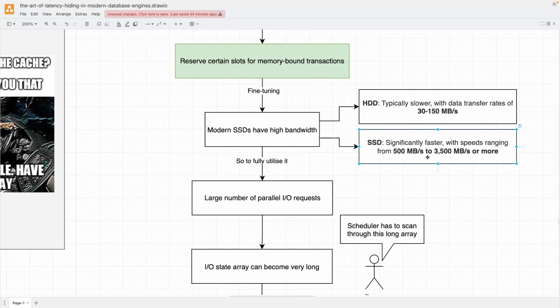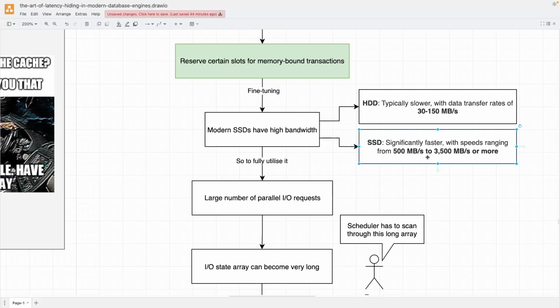But SSDs have 500, that's the minimum they come with, to 3500 or even more Mbps of bandwidth. So that is a lot of bandwidth, and to use that bandwidth, you need to have a lot of transactions because otherwise you'll be wasting that extra bandwidth, right? What's the point of having so much bandwidth, so much speed if you can't use all of it?